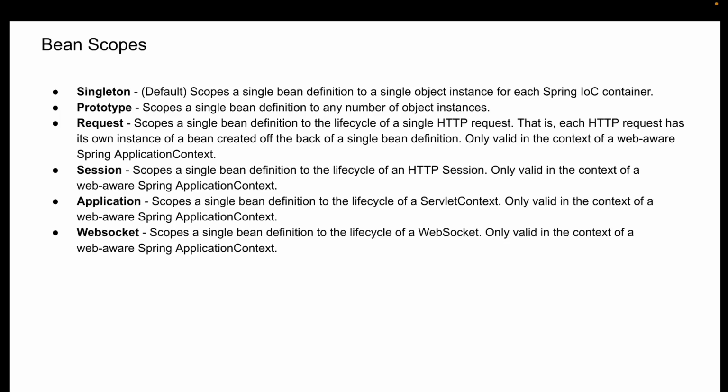The first one is the singleton Spring Bean, which is also the default Spring Bean. When you create a Spring Bean and you don't specify anything, it is by default a singleton bean. Your singleton bean scopes a single bean definition to a single object instance for each Spring IOC container.